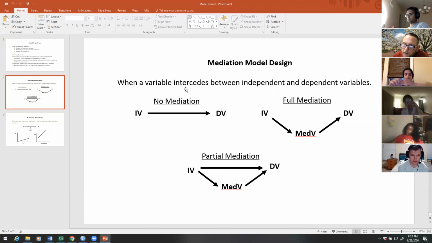So what we're saying when we have mediation is that there's some other variable acting in between the two. In other words, there's not a direct thing happening; there's some step between the independent variable and the dependent variable, and the variance of that initial relationship is actually being captured through this mediating variable.